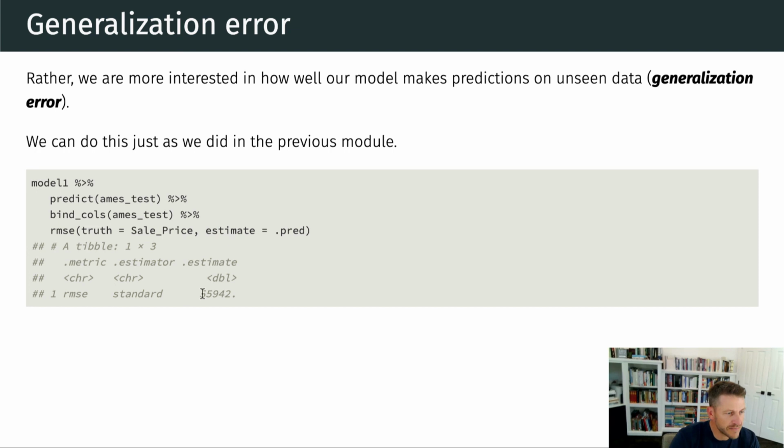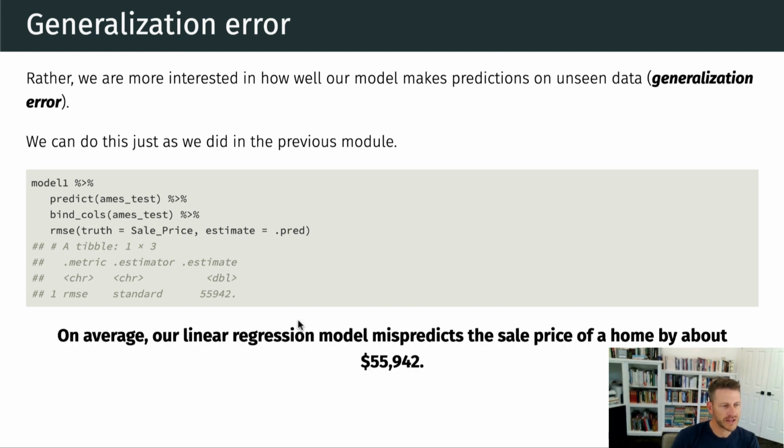So now we see my RMSE computed on our test data is $55,942. What this means is, on average, our linear regression model mispredicts the sale price of a home by about $55,942. That is what this RMSE, when we use it on the test data, this is what we consider the generalization error, and this is how we interpret that error.